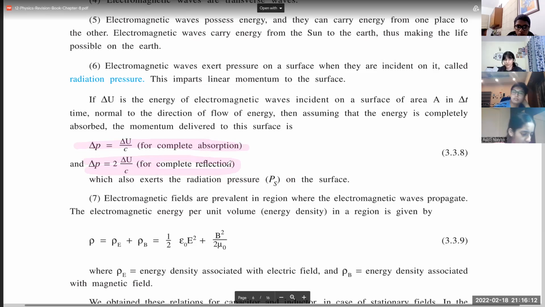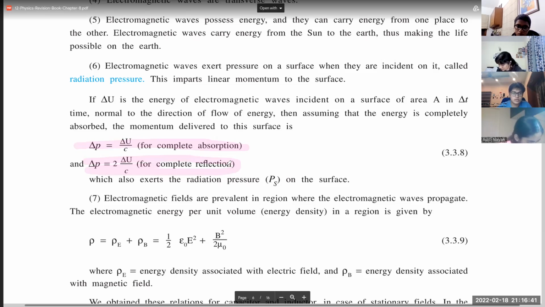If your waves are absorbed on the wall, they don't go back, and the momentum changes just one time. If they are reflected, they go back, and the momentum changes double. So that's why there is a 2 factor in reflection, but in complete absorption there is no 2 factor.